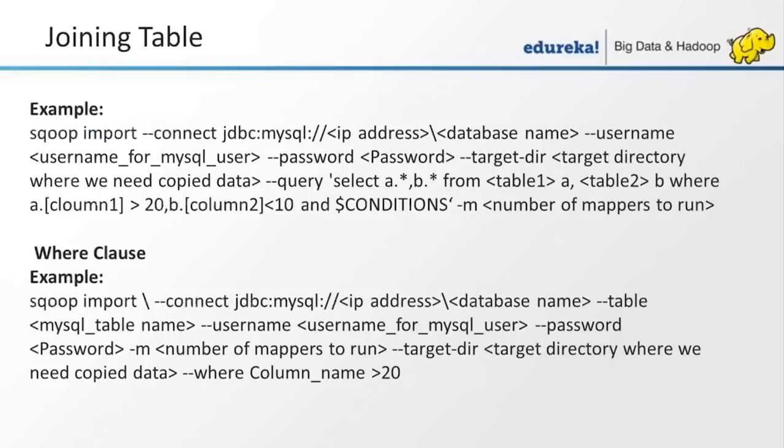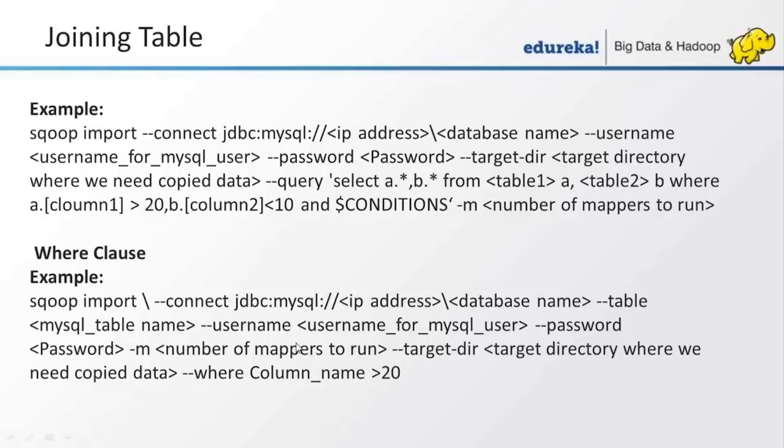So the joining table is something that I just mentioned to you. The where clause, that also we have seen, where through the where keyword you can give the column name and filter the table. So we have seen how to use the query. You can put whatever select you want to get the data from the relational database.